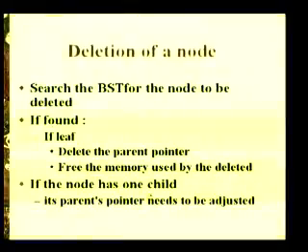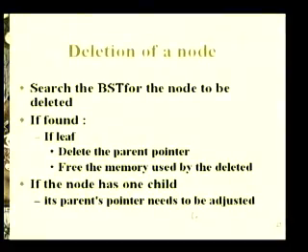If the node has one child, its parent pointer needs to be adjusted. If it has two children, then probably the whole node needs to be adjusted. We would like to see these two, insertion and deletion, with the help of an example.